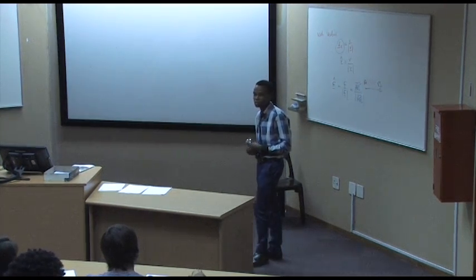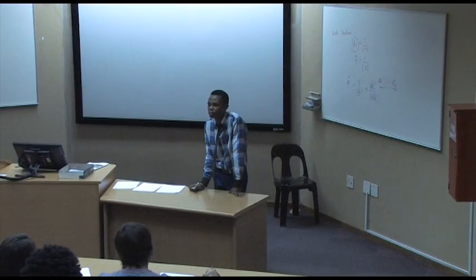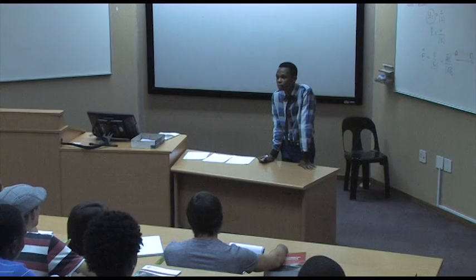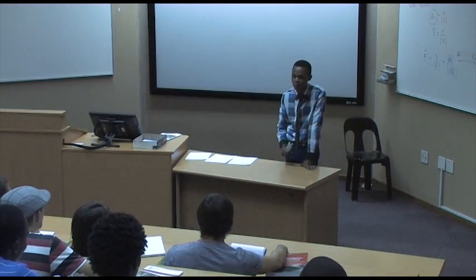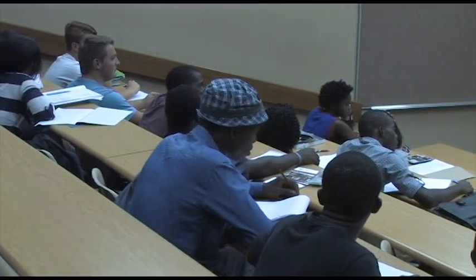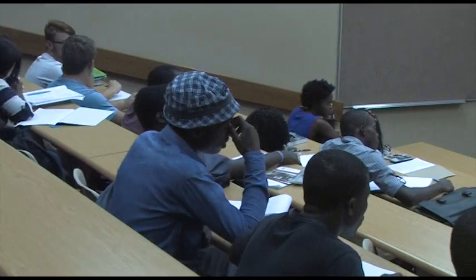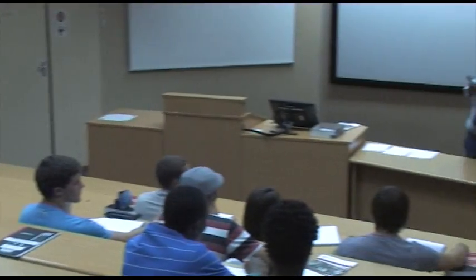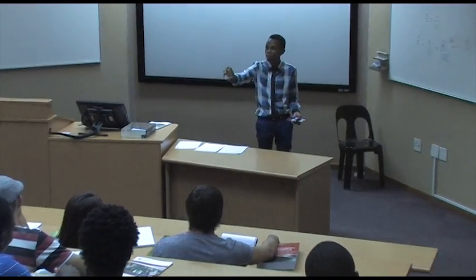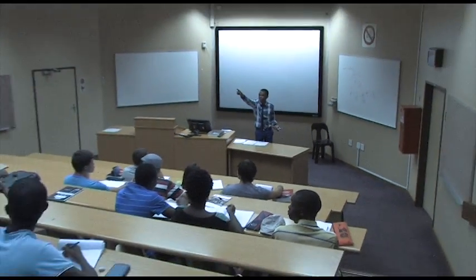Let's think about it. What is work done? Group 10, what is work done? Group 1, work done on an object. Okay, what is work? Force and? Work done is a component of the force.